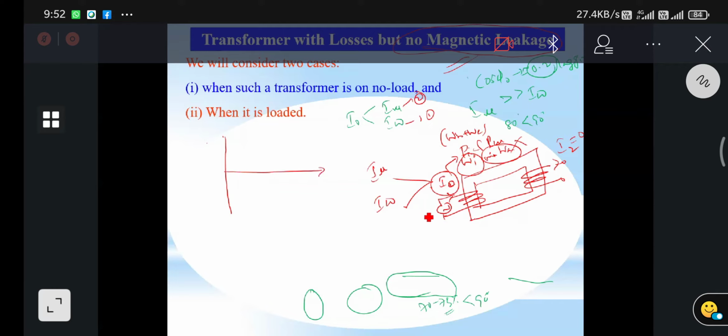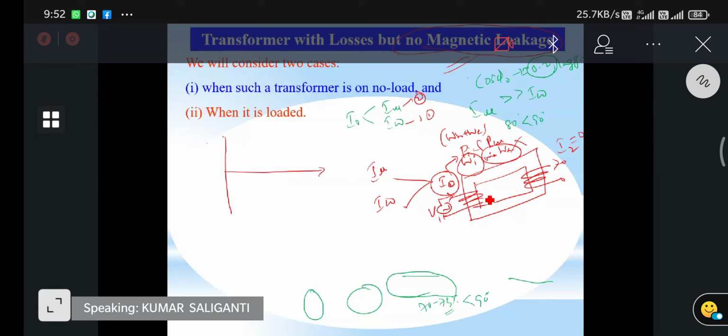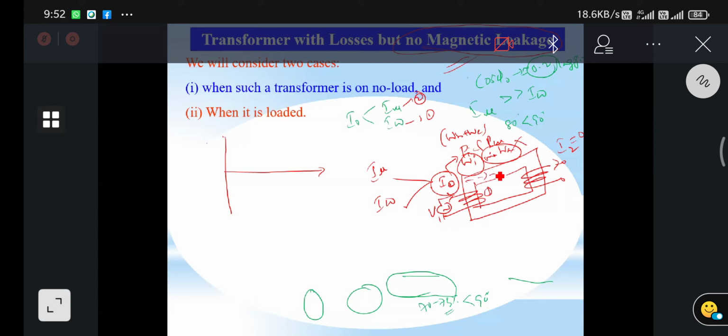First of all, when you give the alternating voltage V1, the current starts flowing in the primary winding, so it produces the flux. It produces the flux which is present in the core. What I am saying, just listen carefully here.